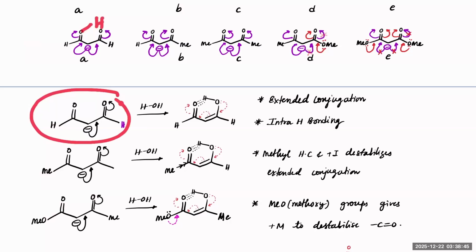So this is that form, and this is the enol form which we have developed. Notice in enol what is happening. You can see the lone pair from here is undergoing conjugation. Pi bond is pushing, this pi bond is pushing, O minus charge is taking H plus. So we got an extended conjugation as well as it has intra-H bonding.